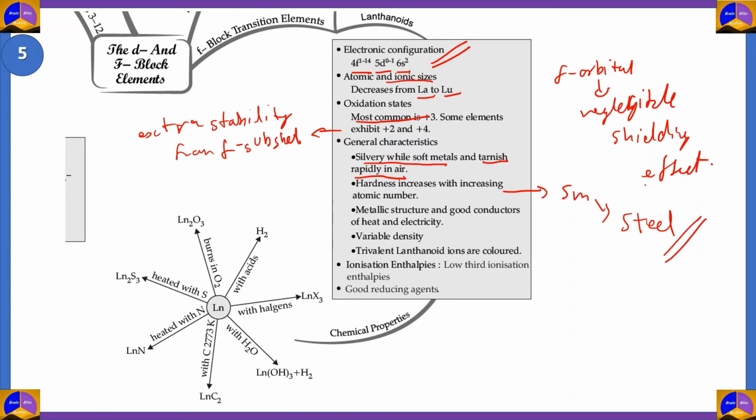When we're talking about metallic structure, lanthanoids contain a metallic structure, so most of them are metals, and they are good conductors of heat and electricity. Now, lanthanoids contain variable density, and they form trivalent lanthanoid ions.